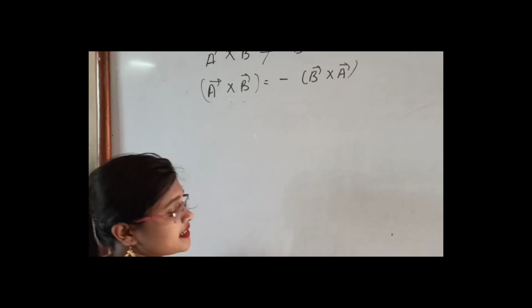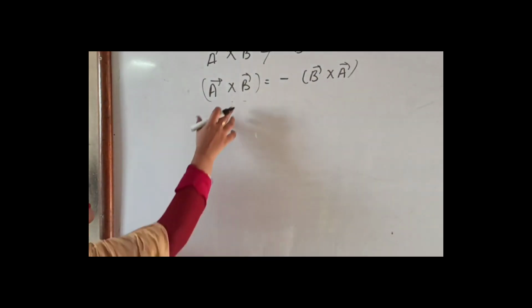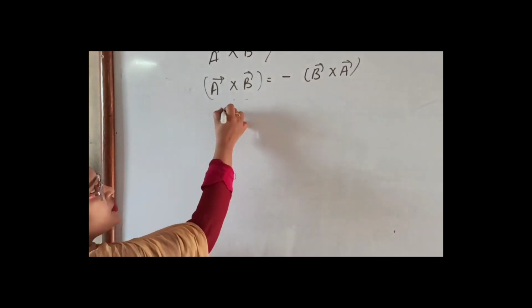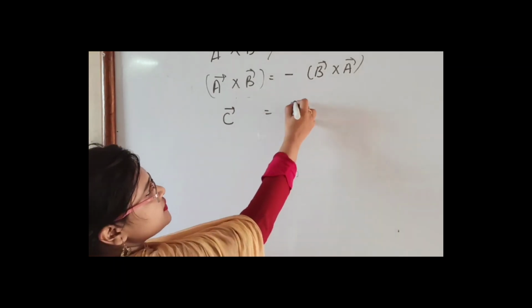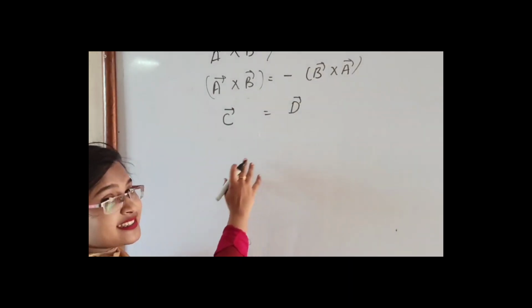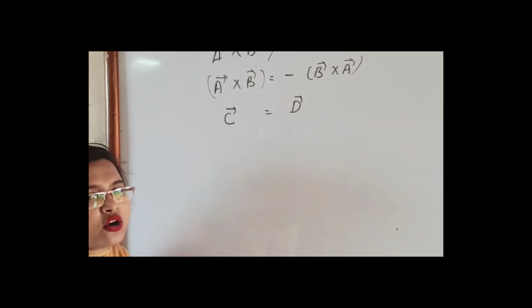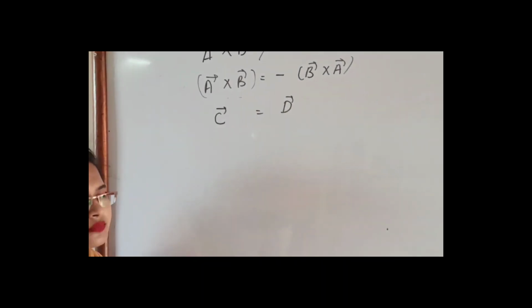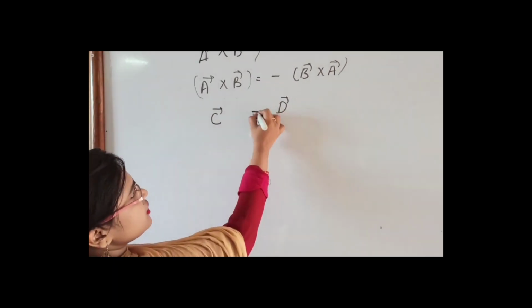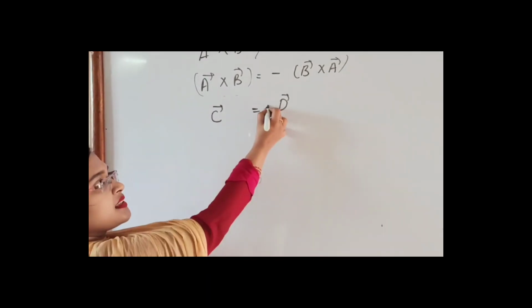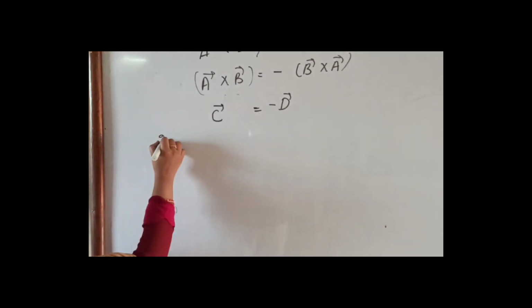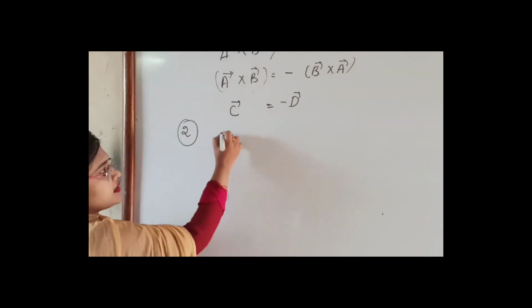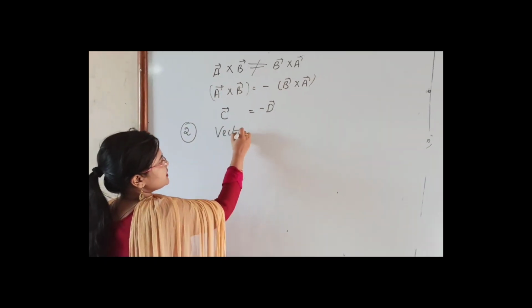It shows that it is in the opposite direction. Suppose A cross B gives a new vector C and B cross A gives a new vector D. Though they are the same in magnitude, they are opposite in direction. Okay? Clear?